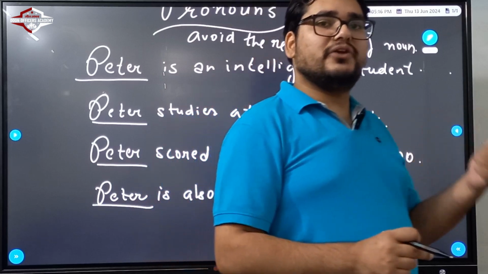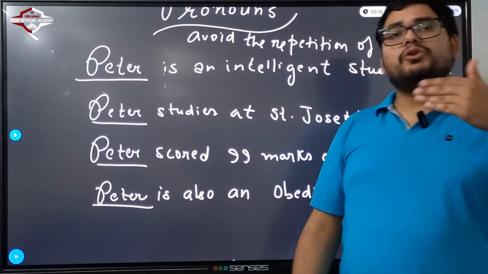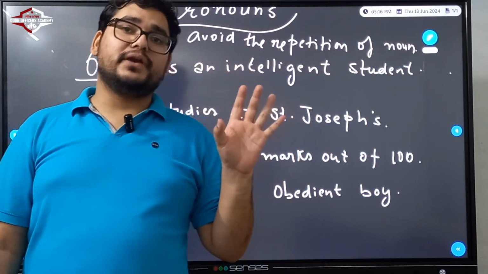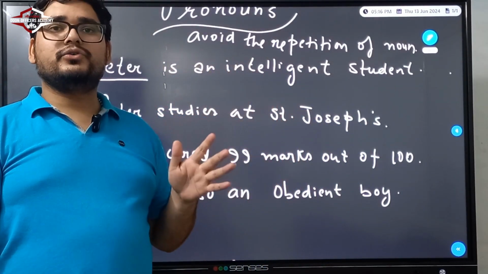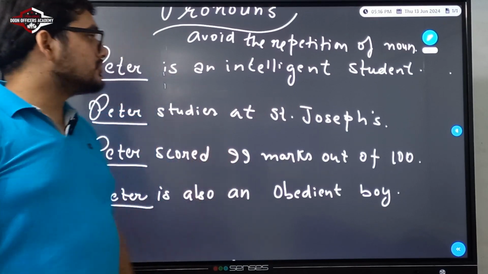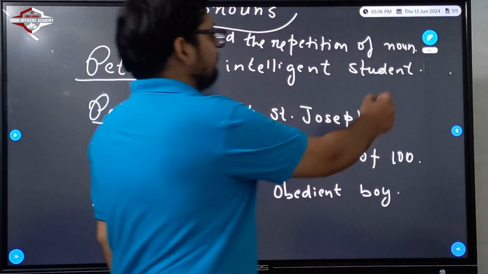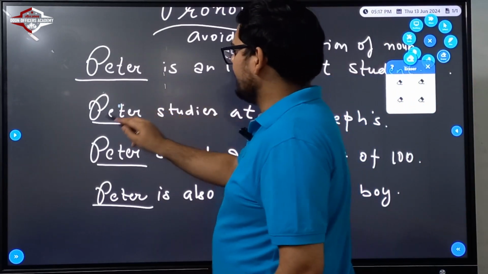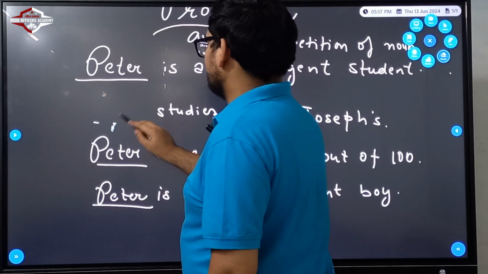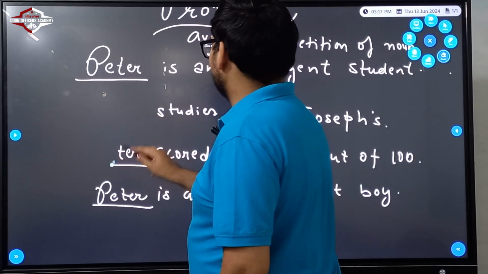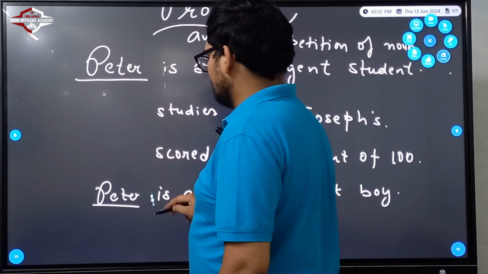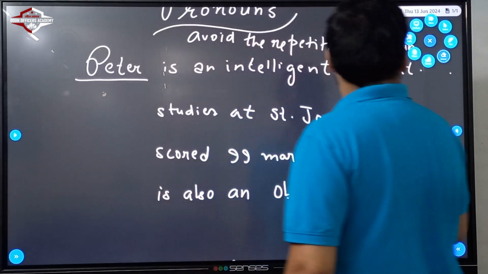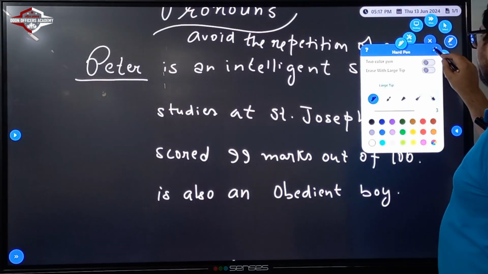That means I need to give Peter another name. That may not be his name actually, but that word should act as a temporary name, or that should refer to who Peter is. So what I should do, let's omit the name Peter here, because it looks very awkward, very uncomfortable and very strange to speak Peter again and again.